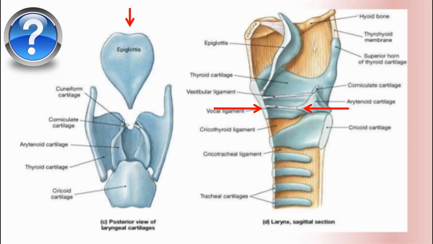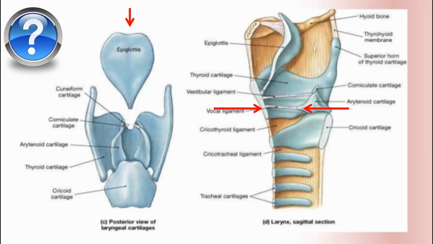This is the middle part of the lamina of the thyroid, and the vocal cord extends between these 2 points. What are these 2 points? They are the vocal process of the arytenoid and the inner surface of the midline of the thyroid cartilage.